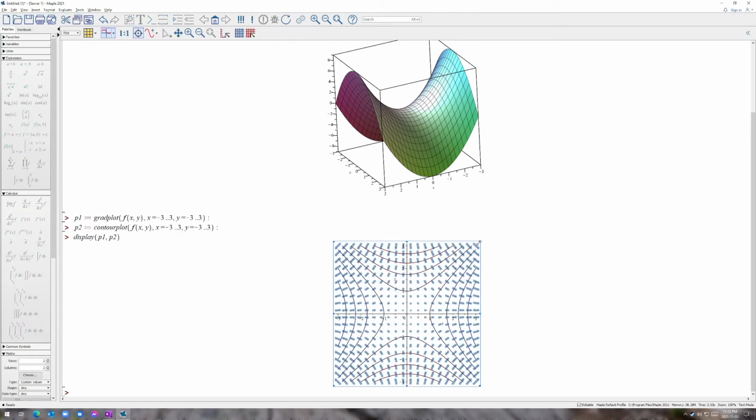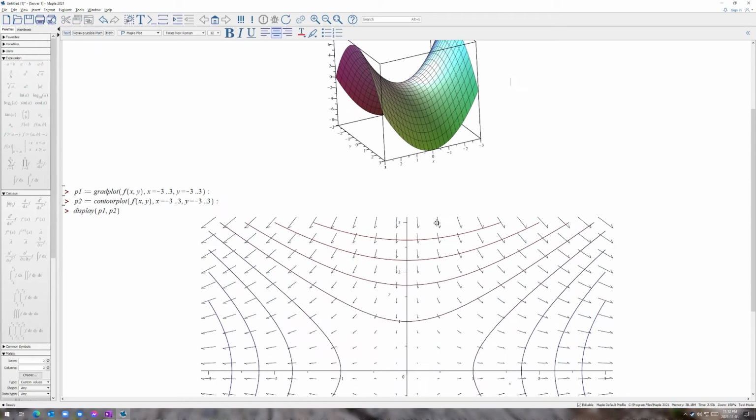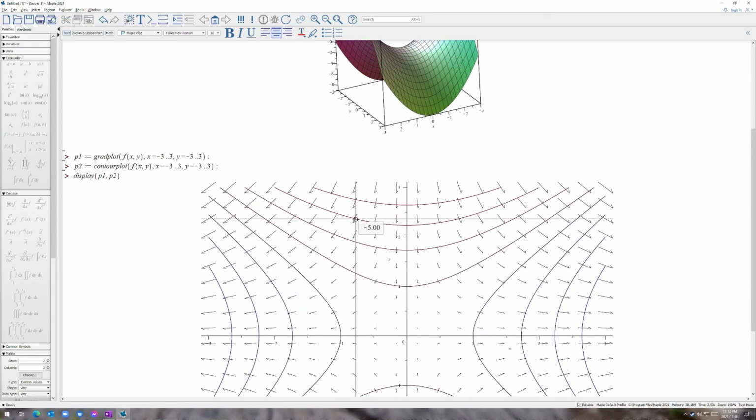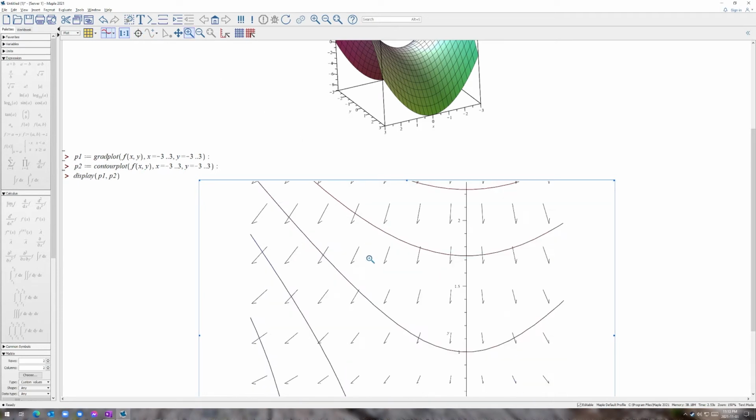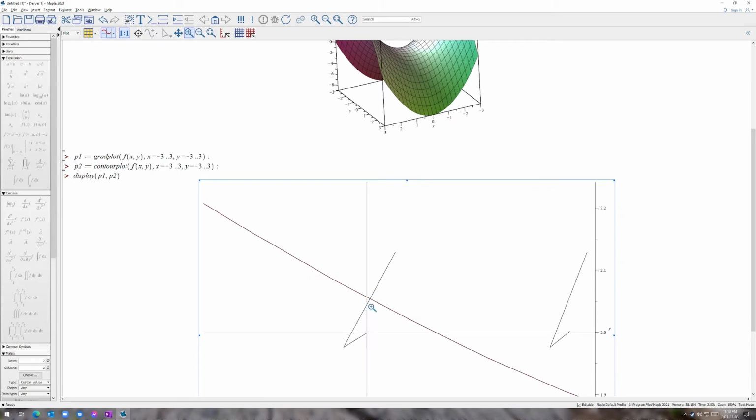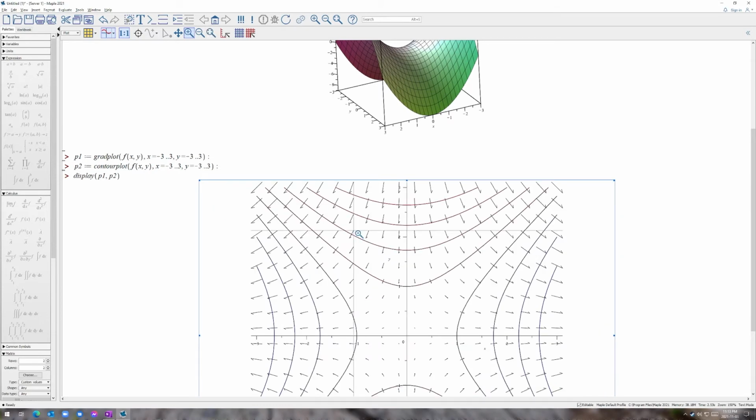And if we wanted to even potentially zoom in further, we can get a good sense that if we take a look at scaling this as 1-to-1, those vectors are exactly perpendicular to the level curves. We could zoom right in there. That looks like a right angle to me. Maybe we'll just zoom back out here again.